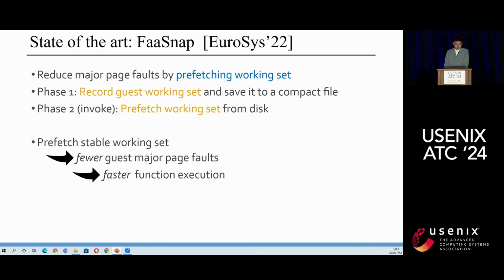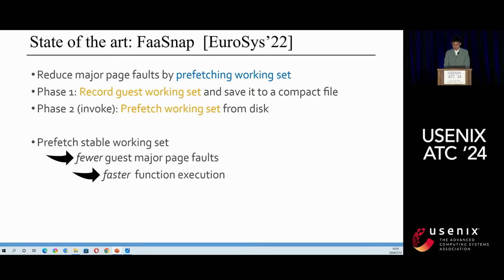The state-of-the-art FaaSnap from USENIX 2022 aims to reduce major page faults by prefetching the working set. It consists of two phases. Number one, record a guest working set and save it to a compact file. Number two, during invocation, prefetch the working set from disk.